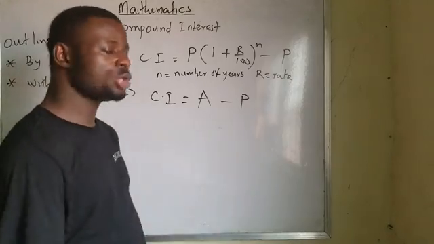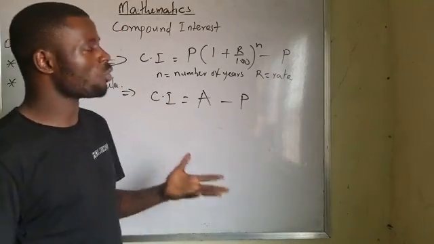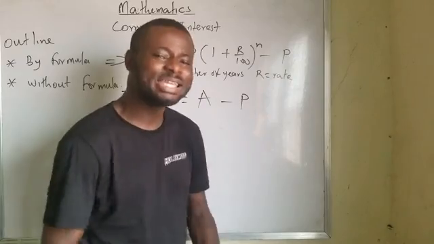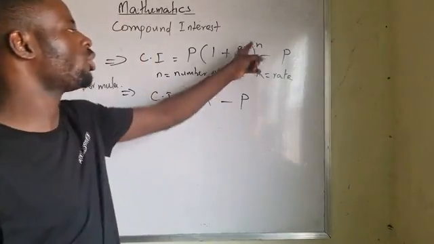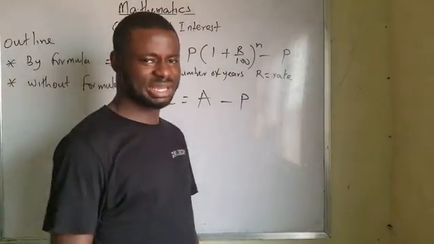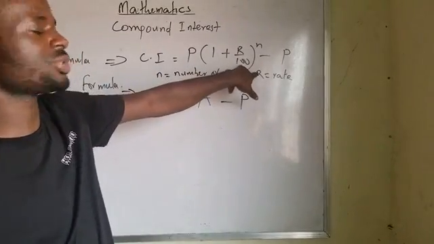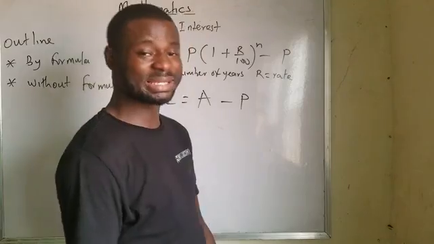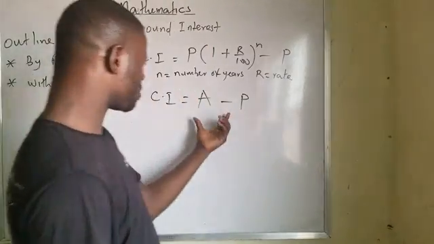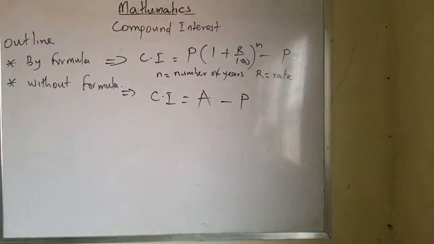But why you use the formula is because when the number of years is too much, you cannot do it one by one. You will run towards the formula for like 20 years or 40 years. But if the years are not so many, like less than 5 years, you can still work through the first year, second year, and third year.